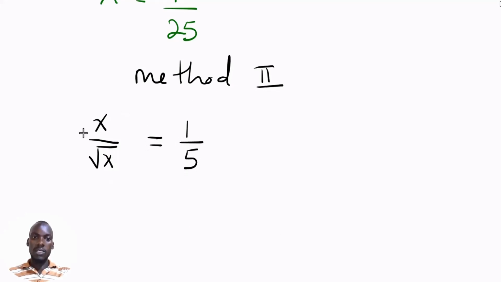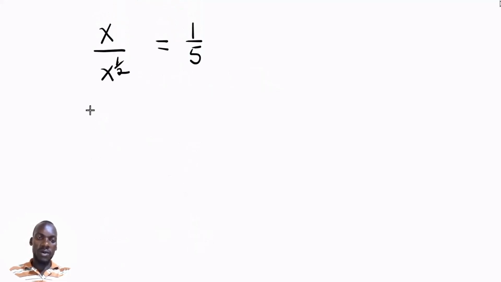Now from here, instead of taking it to the radical equation, let us treat the expression on the left hand side as indices. Since we have a common x, here we have x, and since this is a square root, we divide by x to the power of a half, being equal to 1 divided by 5. Since these have the same bases, if we are dividing, we subtract the powers.